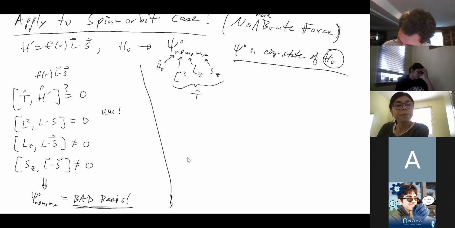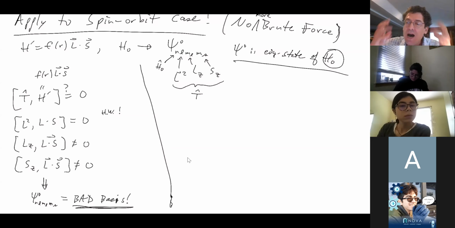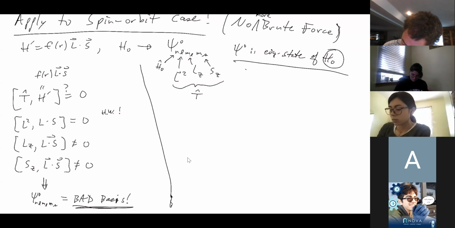Let's go forward. What we can do is consider a new eigenstate. Let's find some operators that commute with our H prime. So let's find some T that commutes with H prime.